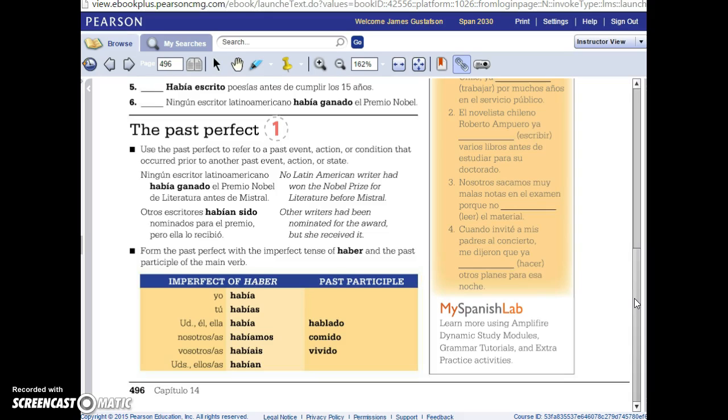So the past perfect is what you had done. And that's contrasted with the present perfect, which is what you have done. For example, I have visited 10 countries. That's the present perfect, right? The past perfect is, before 2000, I had visited 5 countries.